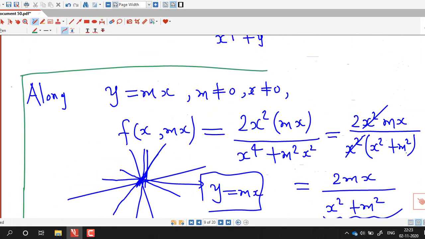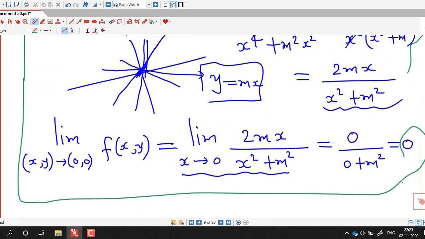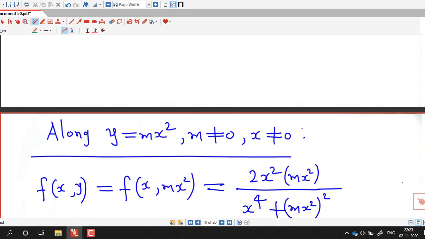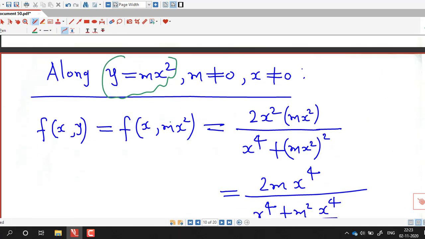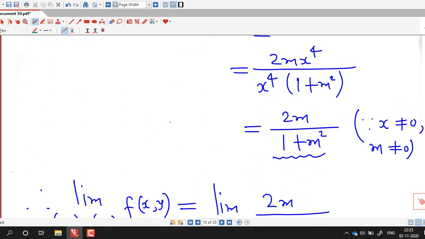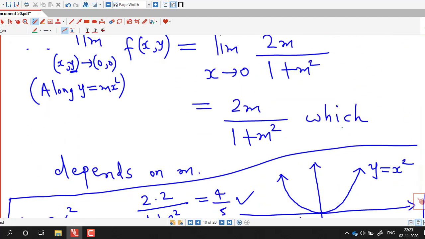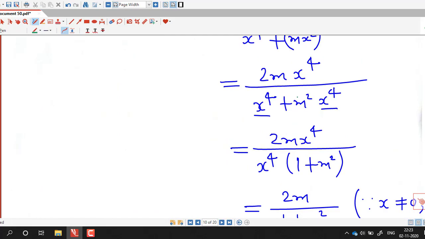So therefore we check for another type of path which is different from lines. So we are trying for parabolas passing through origin. So we tried for y equal to mx square, and we obtain our answer as 2m upon 1 plus m square, and it is function of m. That means limit is different for different values of m, therefore limit does not exist.